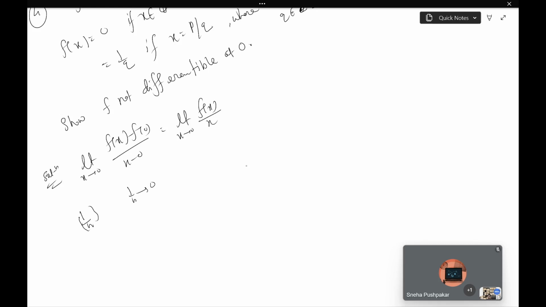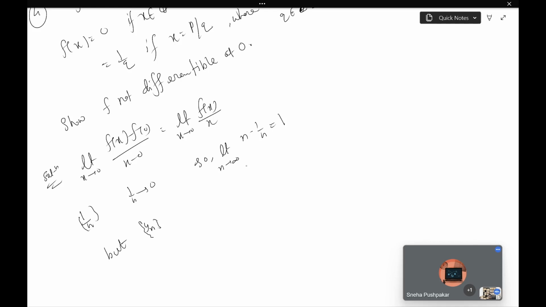Then limit n goes to infinity of n into 1 by n is equal to 1.